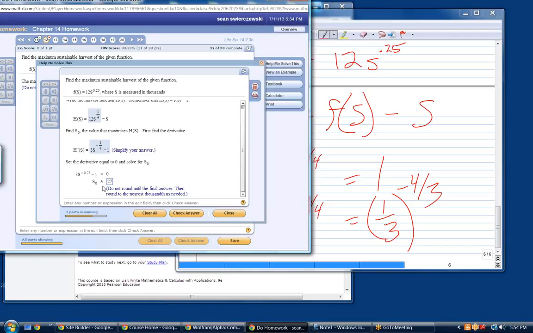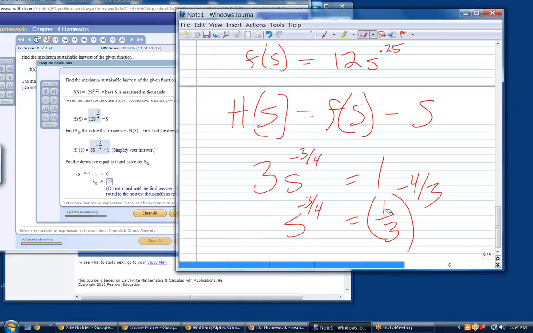How can that be 27? I'm doing something wrong there. In other words, this means 1 over s to the 3/4, so I should have s to the 3/4 equals 3. How is s equal to 27?